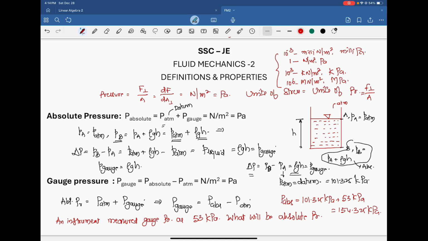Now, let us look into a few questions on the basis of the properties, given in SSC JE.